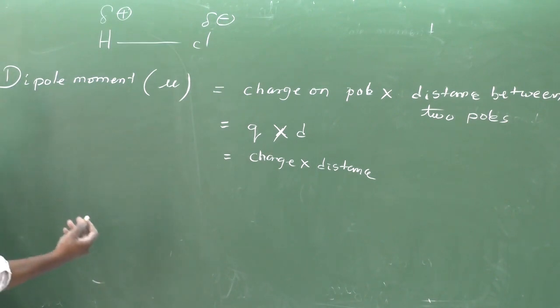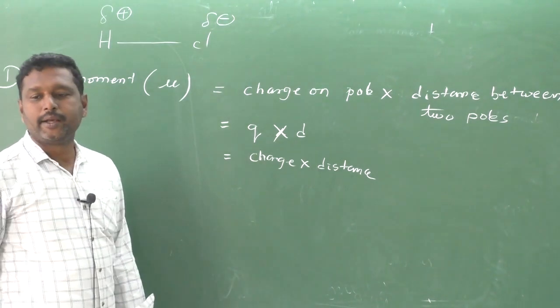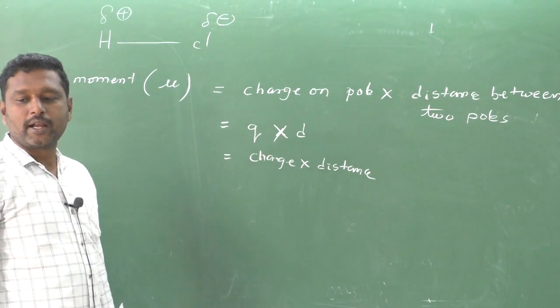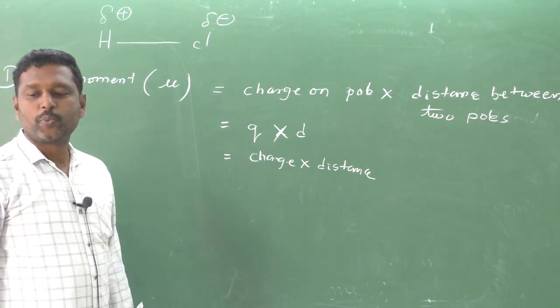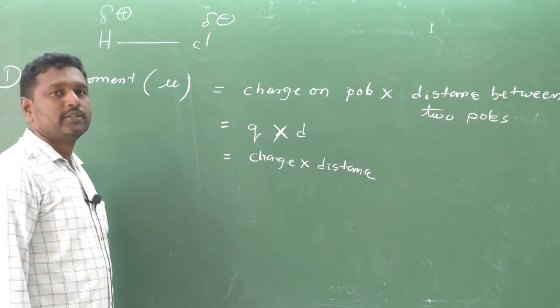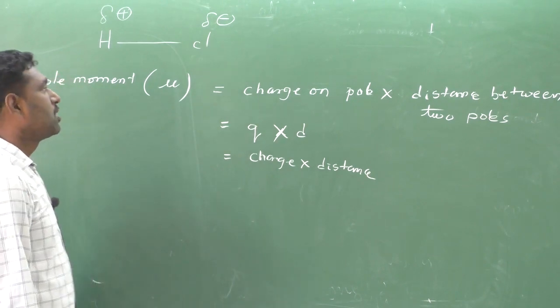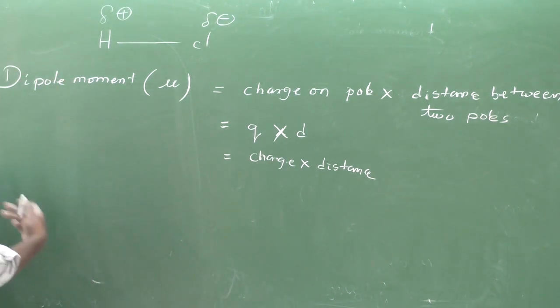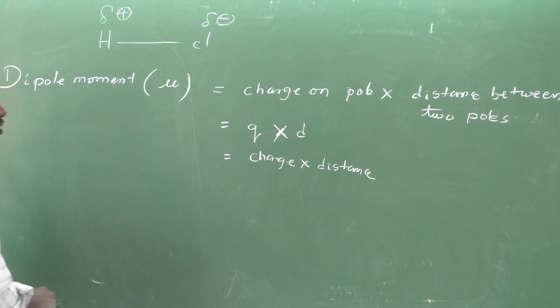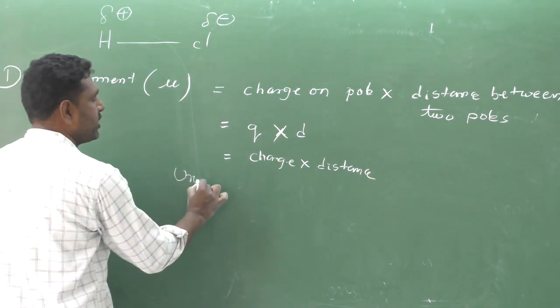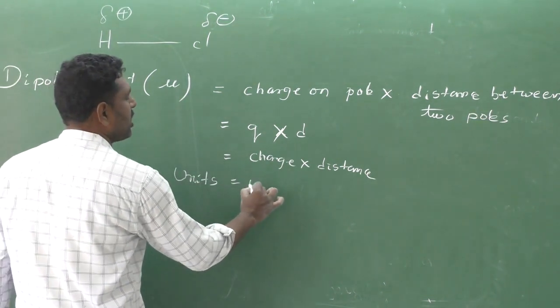The product of the charge on one pole and the distance between the two poles is called dipole moment. It is denoted by m or mu. The units are dipole units.